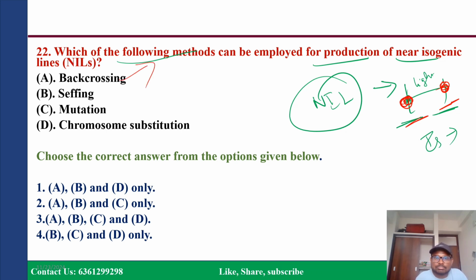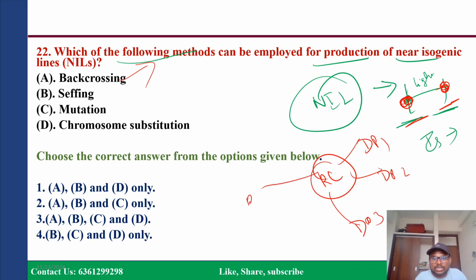By backcrossing. Exactly, you can transfer genes into a single recurrent parent background from donor parent 1, donor parent 2, donor parent 3. If you cross, you will generate lines carrying donor parent 1 gene, donor parent 2 gene, donor parent 3 gene. We can create the NILs. And, sorry, I think this is selfing. Actually, even selfing we can create near isogenic lines.